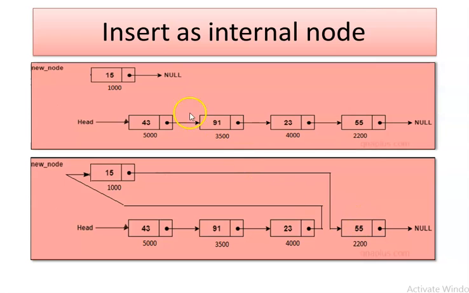So in this way we can add an independent node internally as an internal node between the first and the last nodes of a linked list.